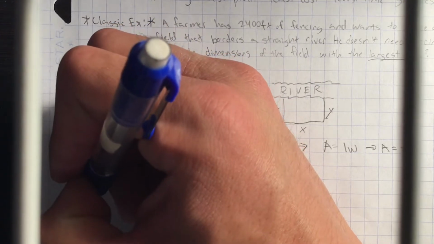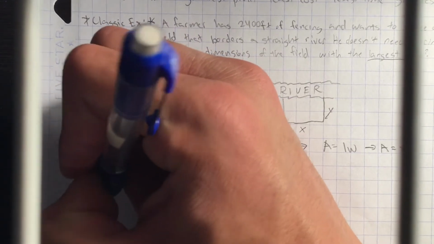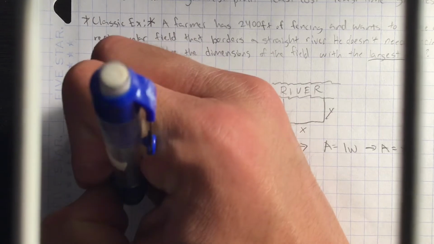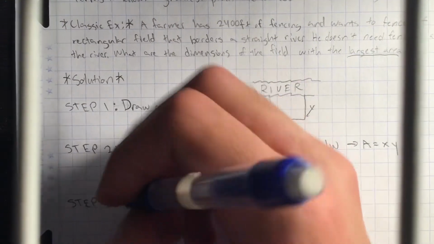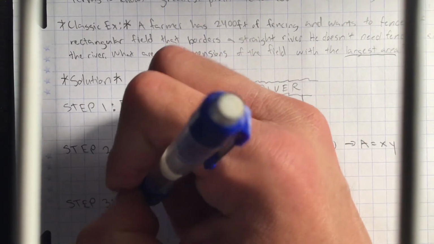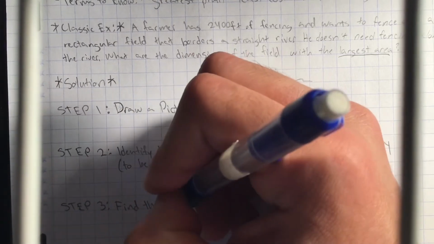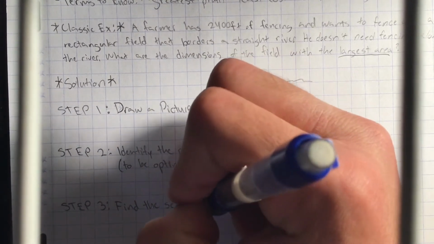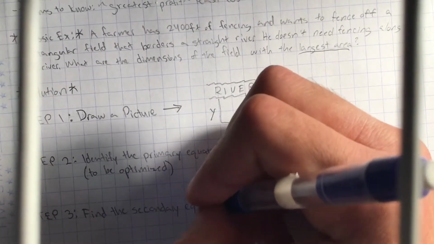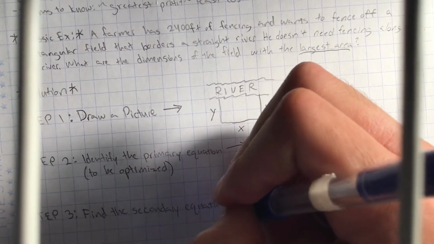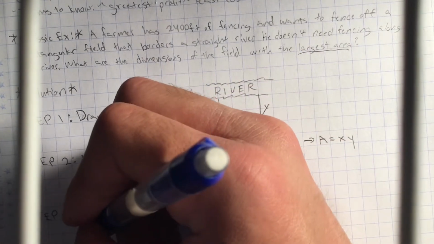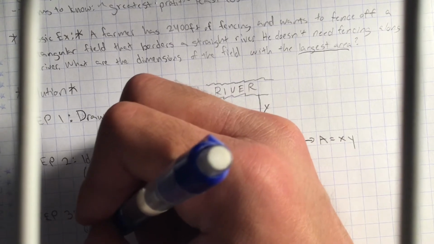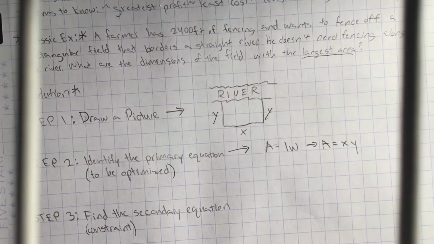Step 3 is to find a secondary equation. We have a primary equation, a secondary equation. This is also called the constraint because it limits, it's the limit of our problem.